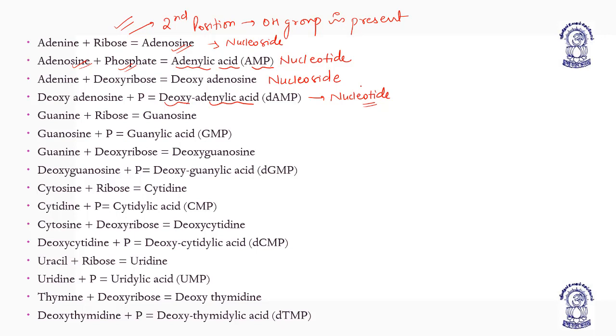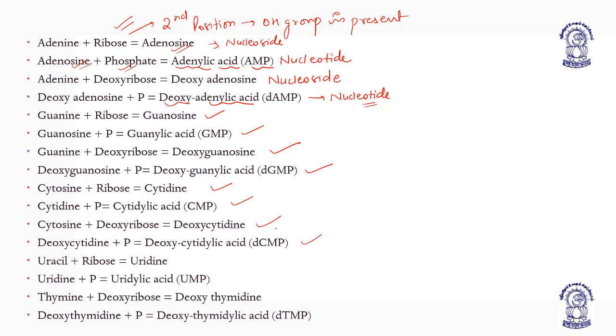Adenosine plus phosphate, adenylic acid. Deoxyadenosine plus phosphate, deoxyadenylic acid. Same with guanosine, guanylic acid. Then guanine plus deoxyribose, deoxyguanosine. Deoxyguanosine plus phosphate, deoxyguanylic acid. Then the same way, cytidine, cytidylic acid, deoxycytidine, deoxycytidylic acid.